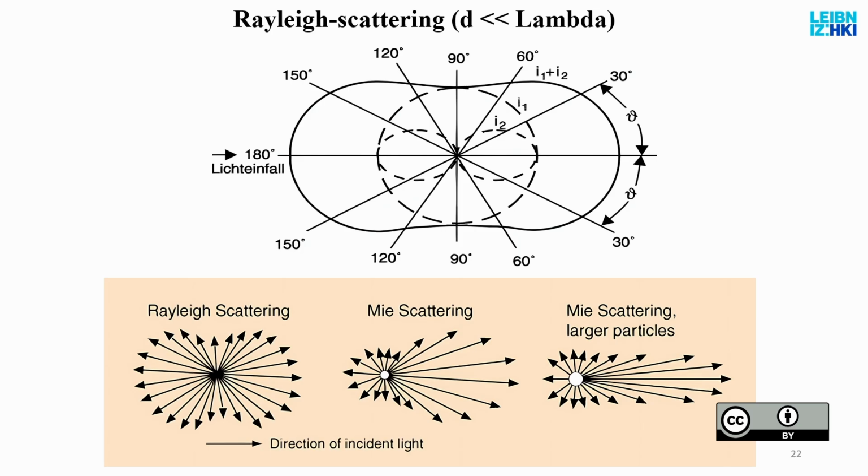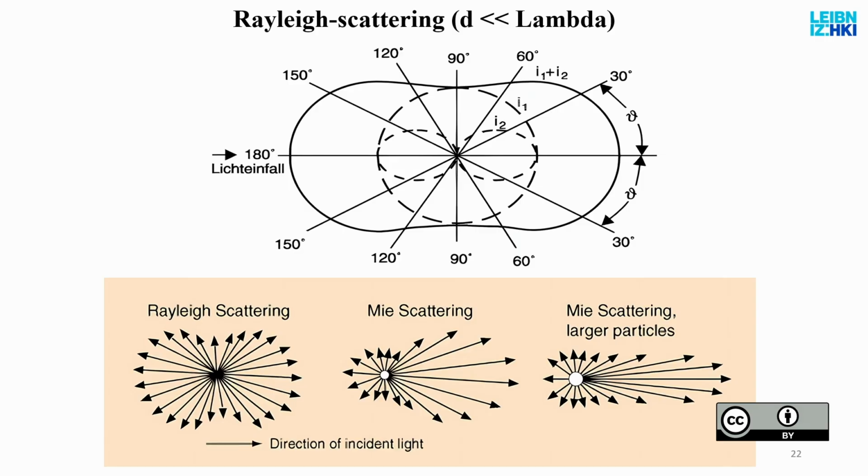Proteins, lipid particles, they love to scatter. What we mean by scattering is that if light comes in from a certain direction and hits, let's say, a lipid particle, the light will not continue straight ahead, but rather it will spread into various directions.